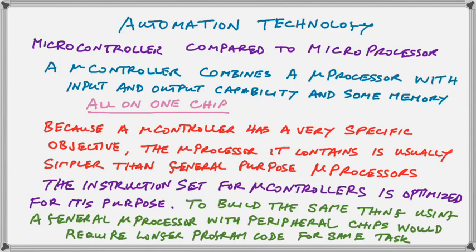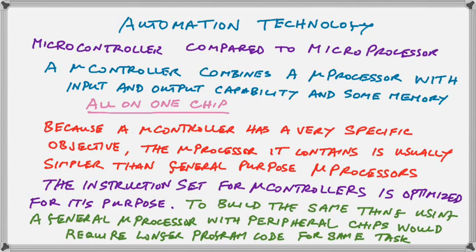Therefore, the microcontroller essentially contains a simple microprocessor and the necessary I/O to make it work in a situation where we have sensors and we want to control something like actuators, motors, whatever. So that's the big difference between the microcontroller and the microprocessor.